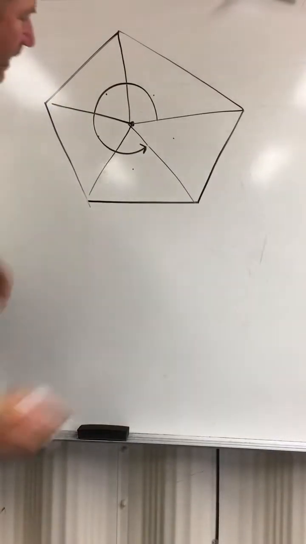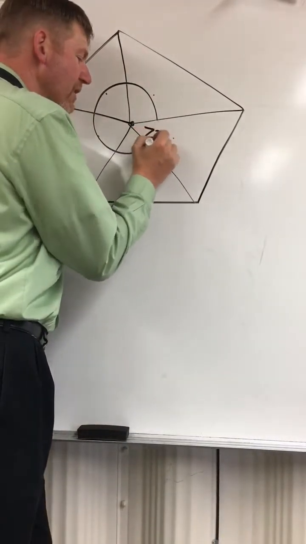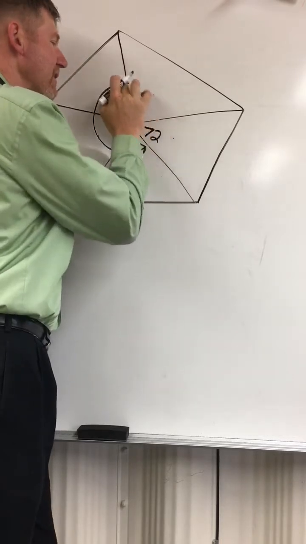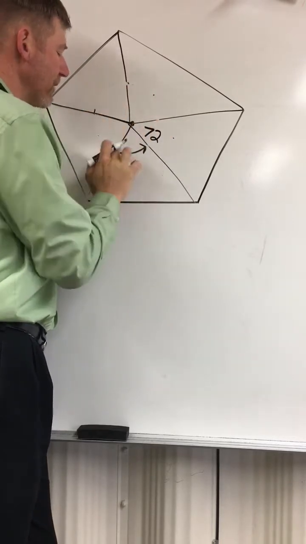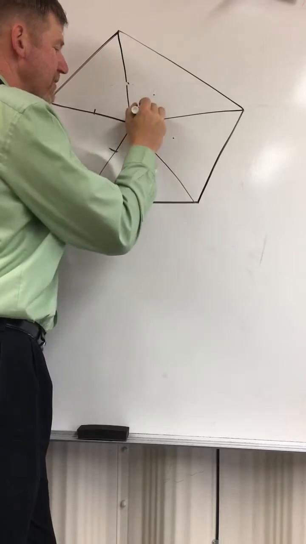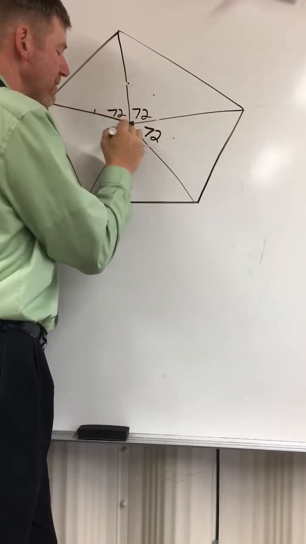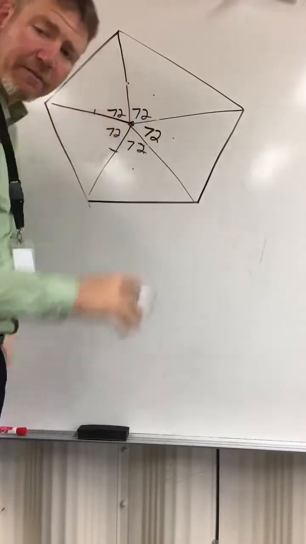Now what does that mean? That means every single one of these little slivers is a 72 degree angle. So 72, 72, 72, 72, 72. You add up 5 72s, you get 360 degrees.